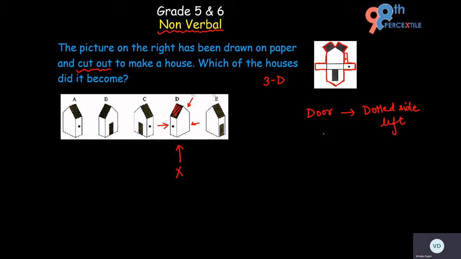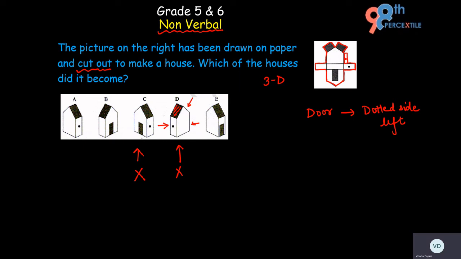But here in option C, if I see this side of the house which has door in front of it, then the dotted side is appearing on the right. And we just saw that the dotted side will appear on left if door is in front of me. That means this is also not correct.